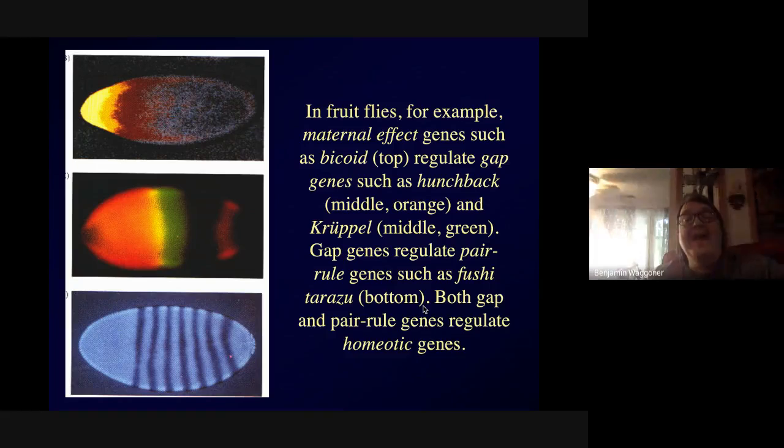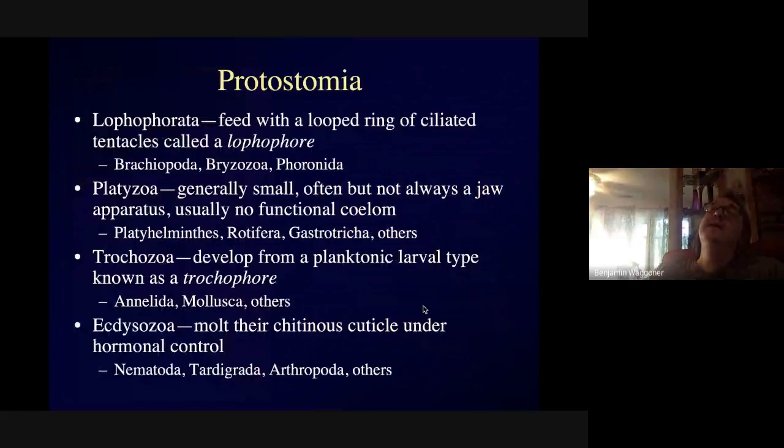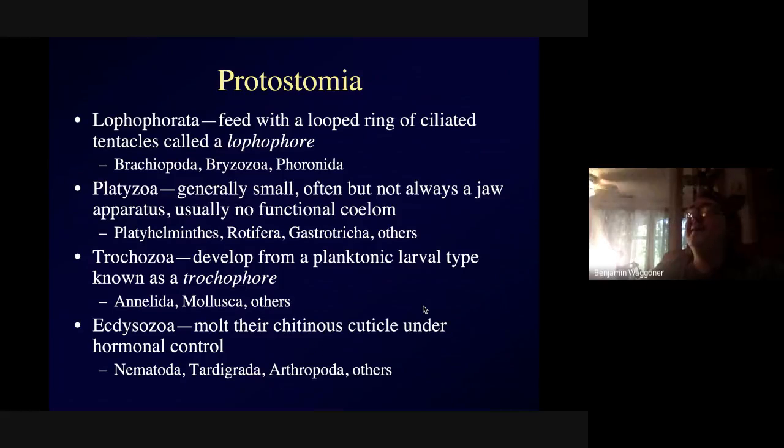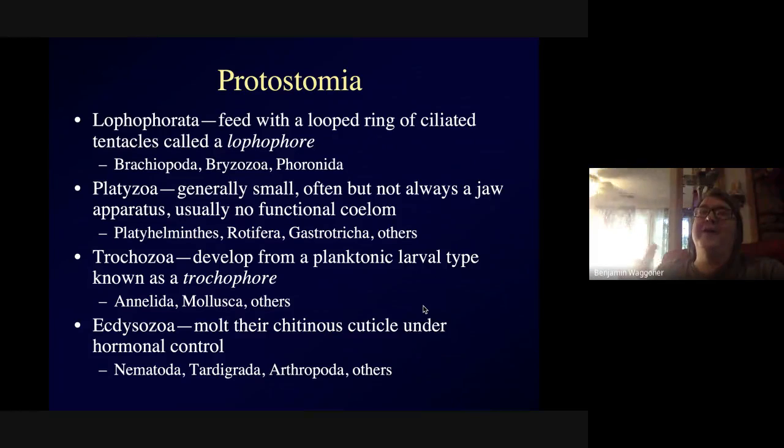And both of these gap and pair rule genes regulate yet another set of genes called the homeotic genes. There was supposed to be some slides in there about what homeotic genes do. Let's just say that all animals have some number of homeotic genes, but in bilateria, you have clusters of different types of homeotic genes that further specify the basic architecture of the body.